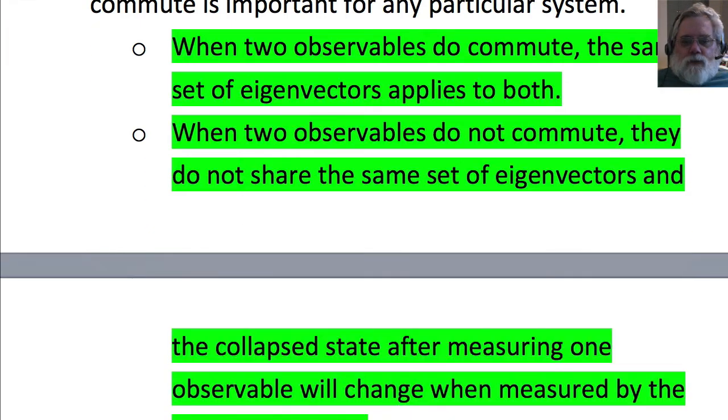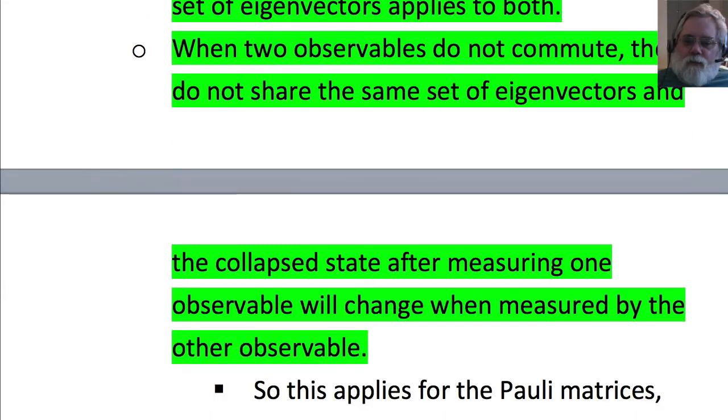But other times, two observables don't commute. They don't share the same set of eigenvectors. And if you measure one observable and you get an output state from that, that collapsed state is going to change when you measure it by the other observable. We know it's going to change because the observables did not commute.